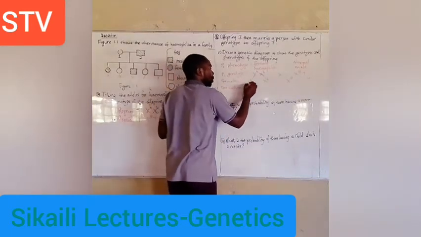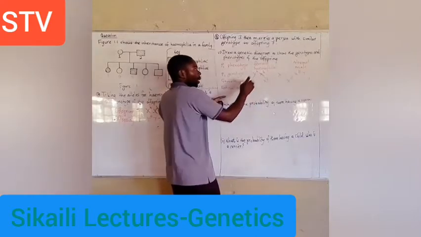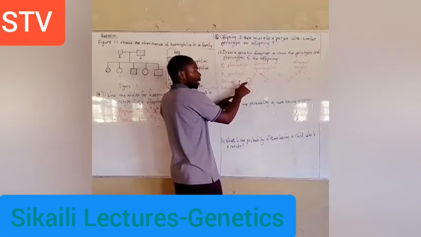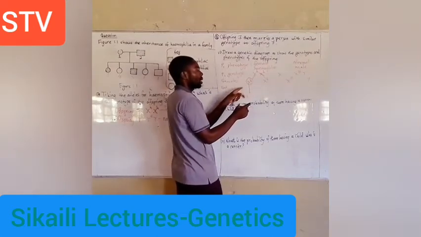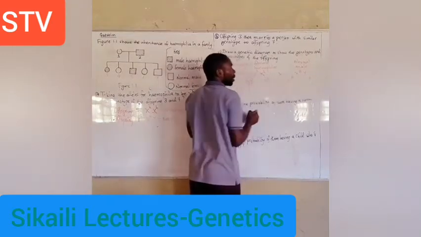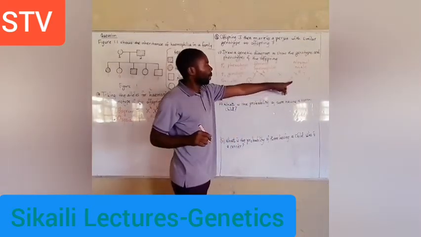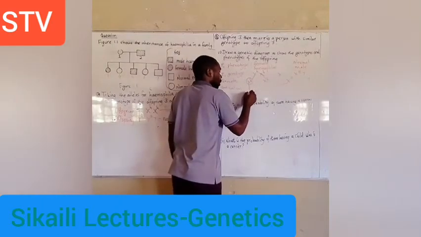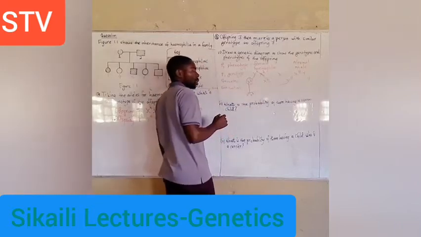So the egg cell with the X superscript recessive will cross with the sperm cell with a normal X cell. So you have a child who will have the following genotypes.